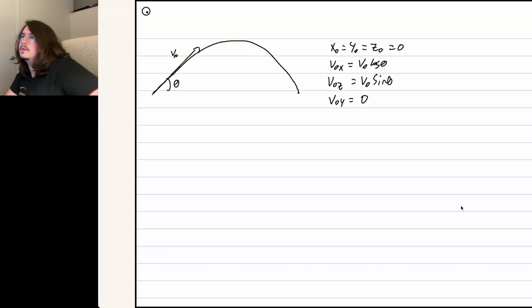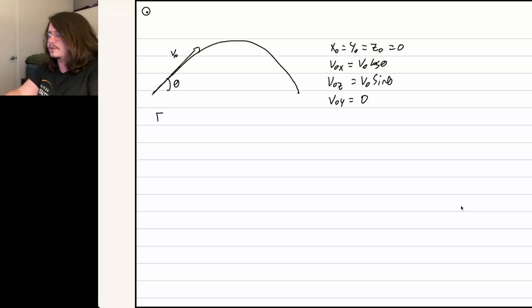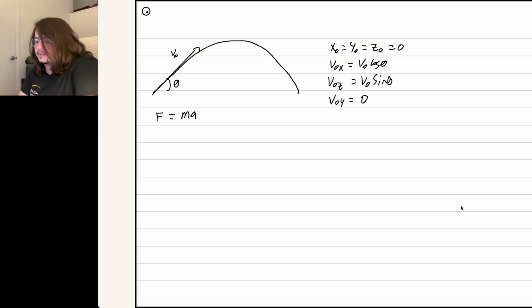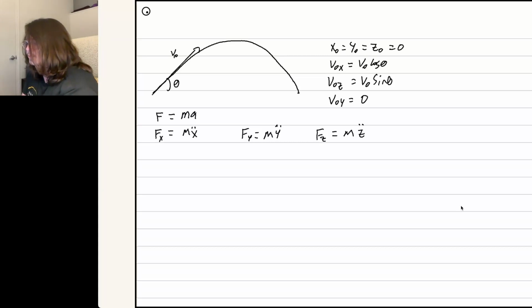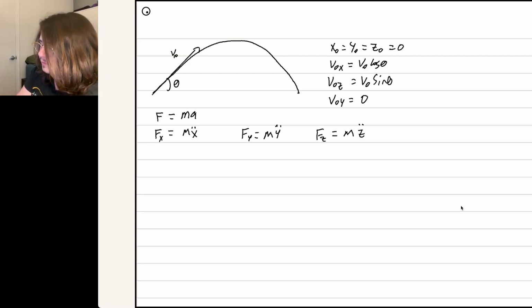Starting with Newton's second law, the force on the golf ball is equal to the mass of the golf ball times its acceleration. And we can split that into three directions. I'm going to call it m x double dot, m y double dot, and m z double dot. And then you have an x direction, y direction, and z direction to the force, but really the only force here is gravity, which is in the z direction.